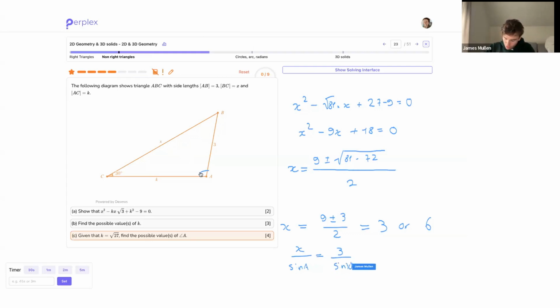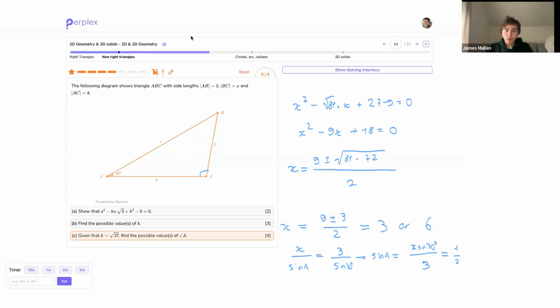Sine of 30 degrees is 1 over 2, so I can rewrite this as sine of A is equal to x sine 30 degrees divided by 3, and sine of 30 degrees is 1 over 2, so it's either 3 times 1 over 2 over 3, which is 1 over 2, or 6 times 1 over 2 over 3, which is 1. So those are the possible values of sine of A.